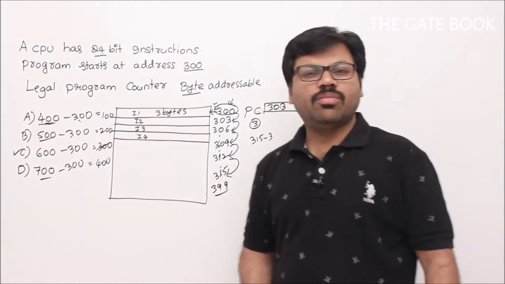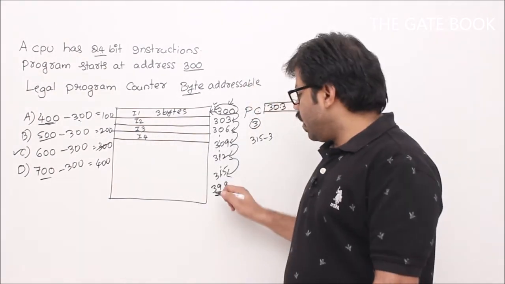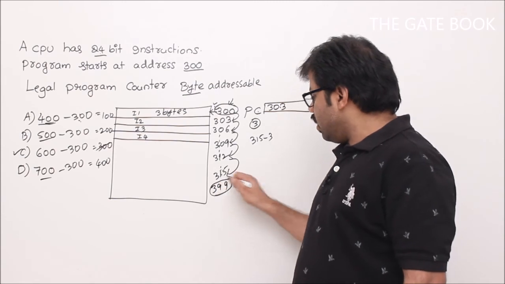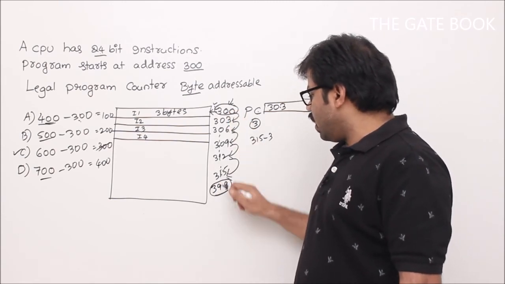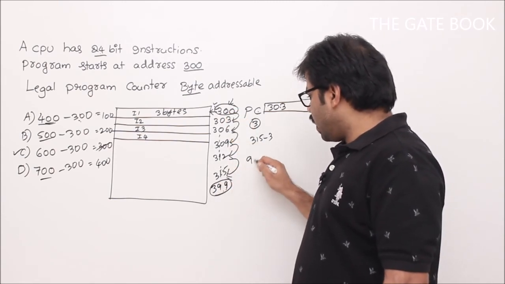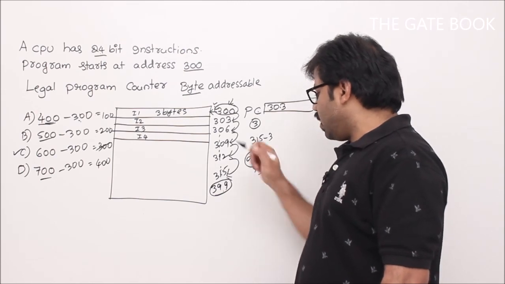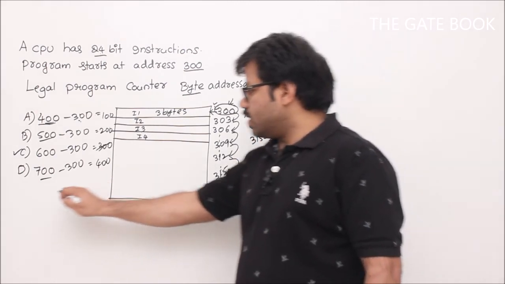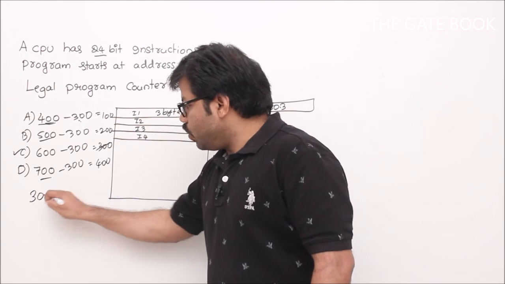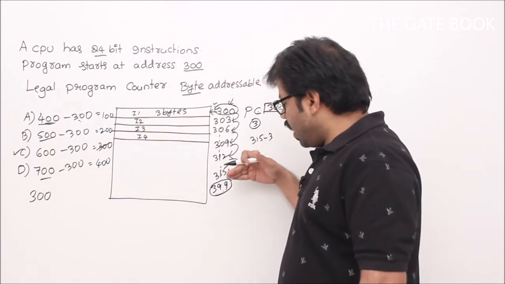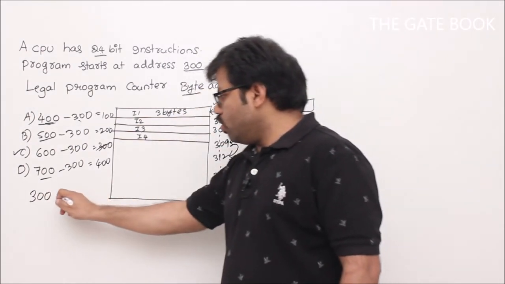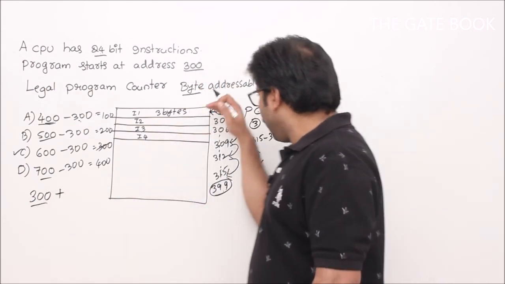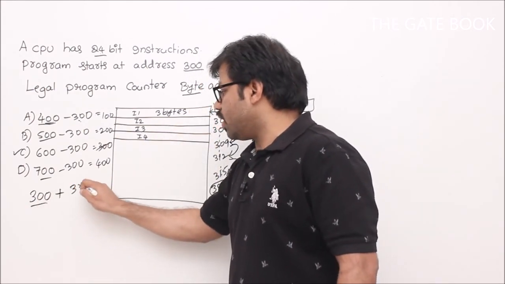After that we directly jump to 402, correct? The difference between 300 and 399 is 99, which is divisible by 3, correct? So any new program counter value will be 300 plus some multiple of 3.